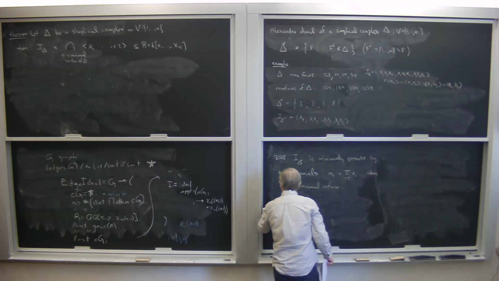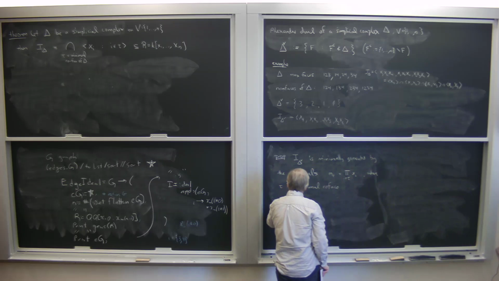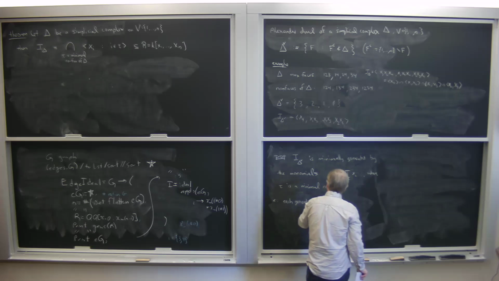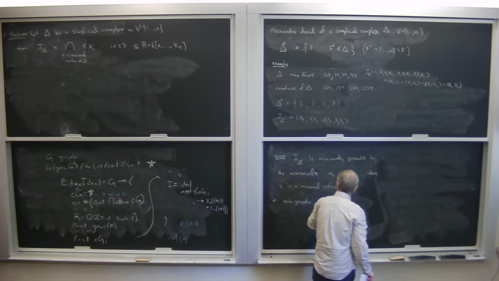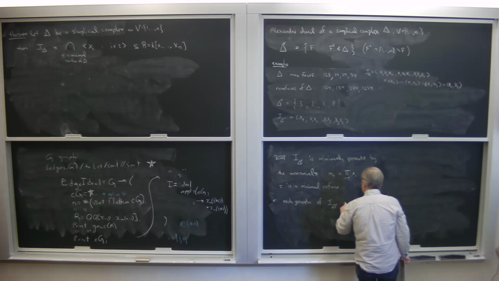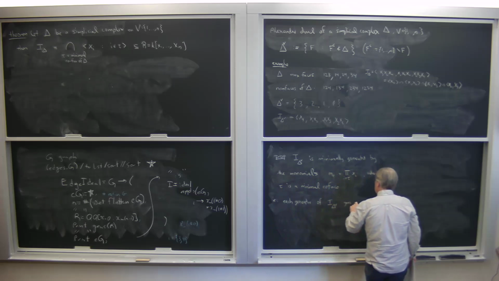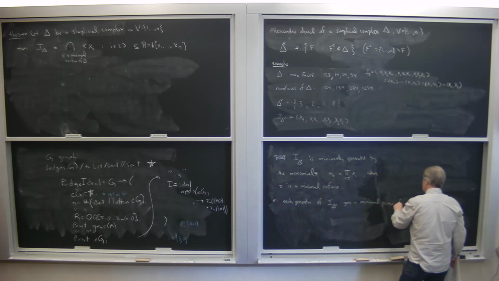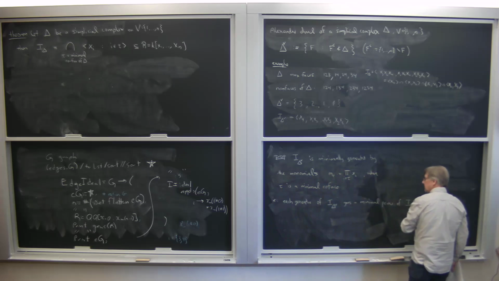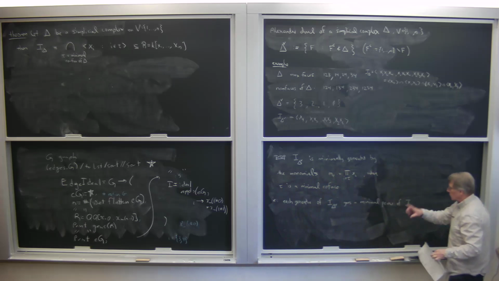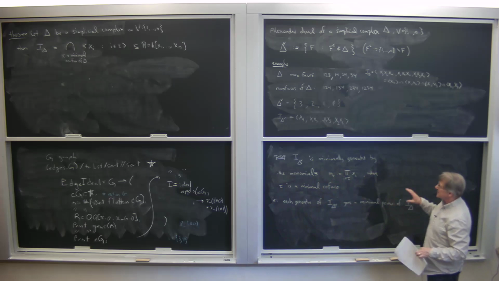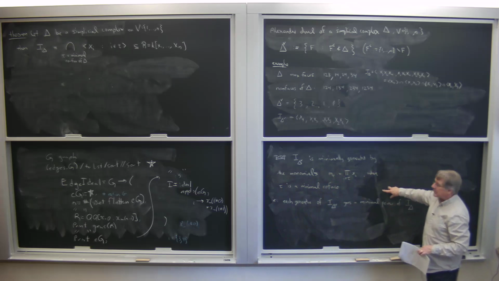That is, each generator of the dual, delta dual, gives a minimal prime of I delta. And in fact all of them come this way.